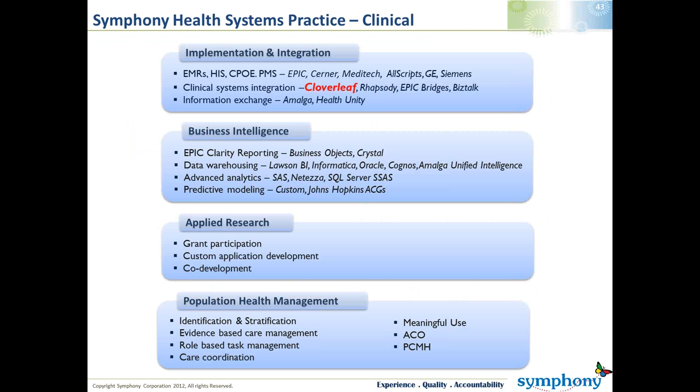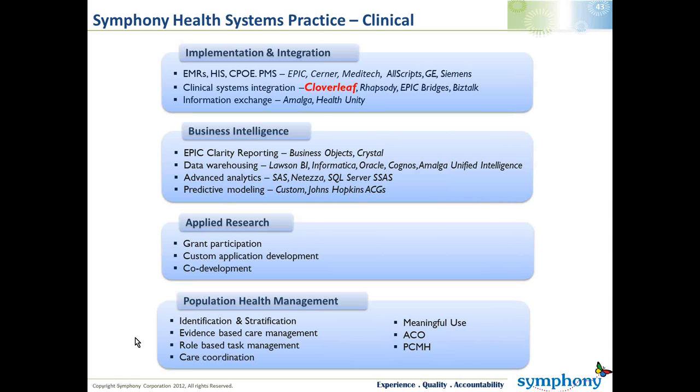So a little perspective. I want to walk you through just some of the other things that Symphony does to give you a look at the gravitas, if you will, that we bring to the Infor relationship, specifically in healthcare. I highlighted Cloverleaf, which is one of our integration tools experience, and Steve mentioned that that's the tool set that is the big part of Lawson Clinical Bridge. A number of things we do here. We use the care groups in Hopkins in the predictive modeling.